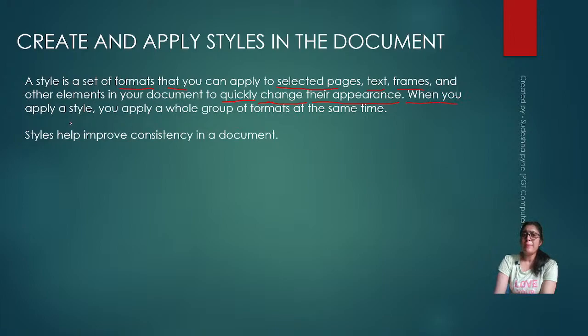So when you apply a style, you apply a whole group of formats at the same time. Must remember, whenever we are applying a style, we are not applying a single thing at a time in that format. We are applying a whole group of formats.